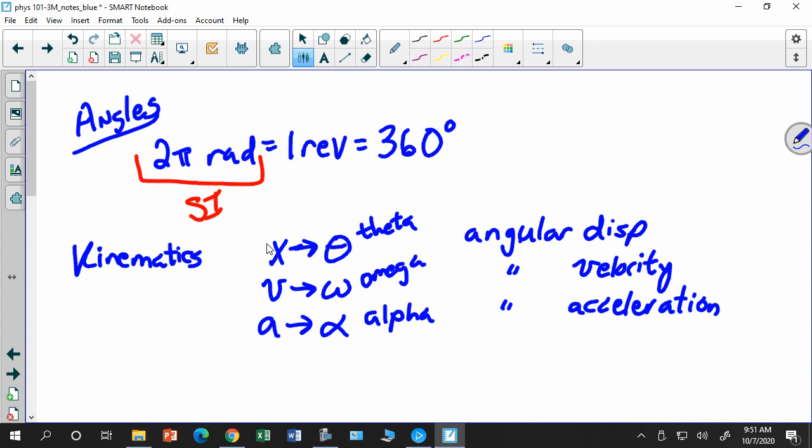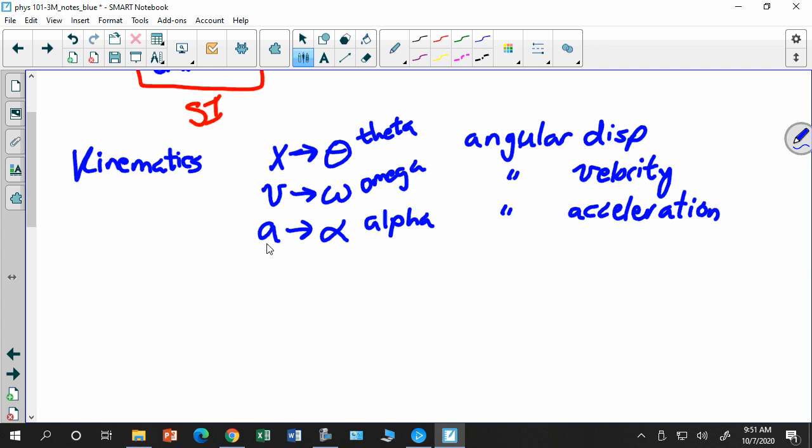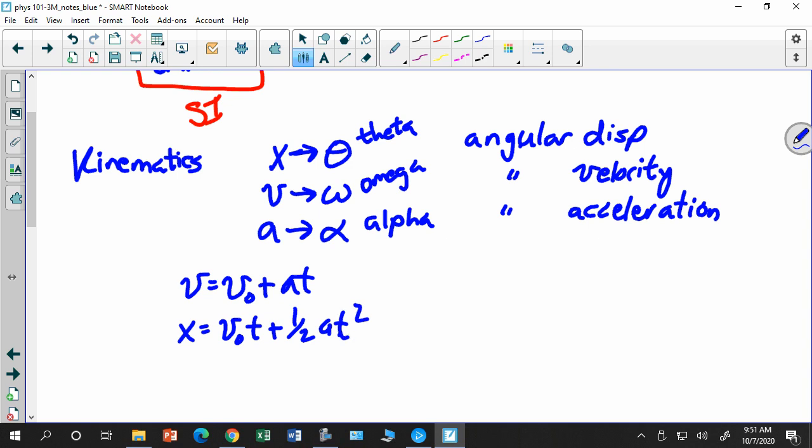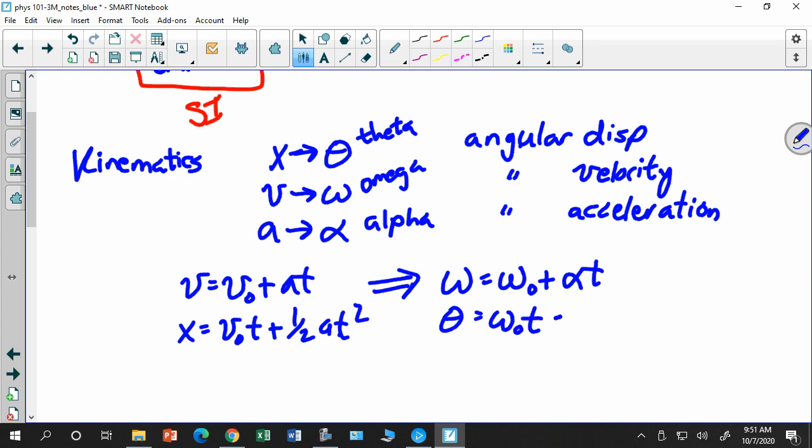When we do this exchange in variables, then our kinematics equations, which before were v equals v naught plus at, and x equals v naught t plus 1/2 at squared, these will now become omega equals omega naught plus alpha t, and then theta equals omega naught t plus 1/2 alpha t squared.